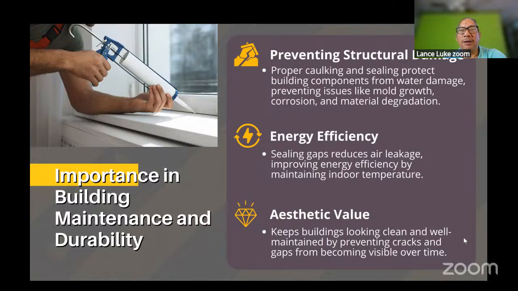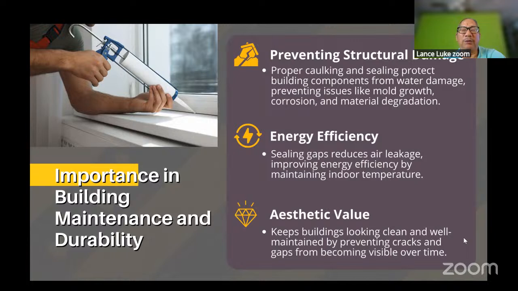The other thing is energy efficiency. Seal gaps so you reduce air coming in, and when you do that, you improve the energy efficiency by maintaining indoor temperature. If it's super hot and you're running your air conditioner, if there's a lot of cracks on the exterior, warm air can get in, and vice versa with cold air, right?